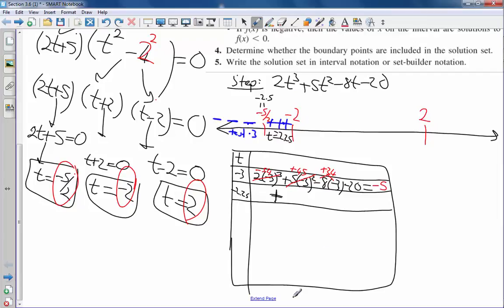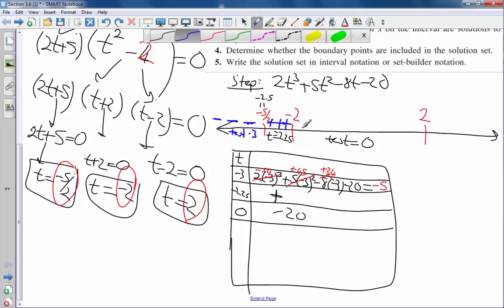There is one best. 0, of course. When you make t 0, it all disappears. So it's 0, 0, 0, and only -20. It's negative. Were you expecting negative? Yeah. So I expect to switch signs.